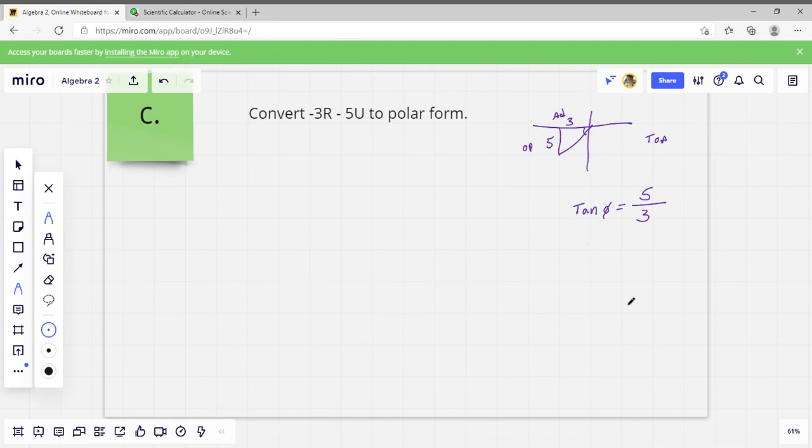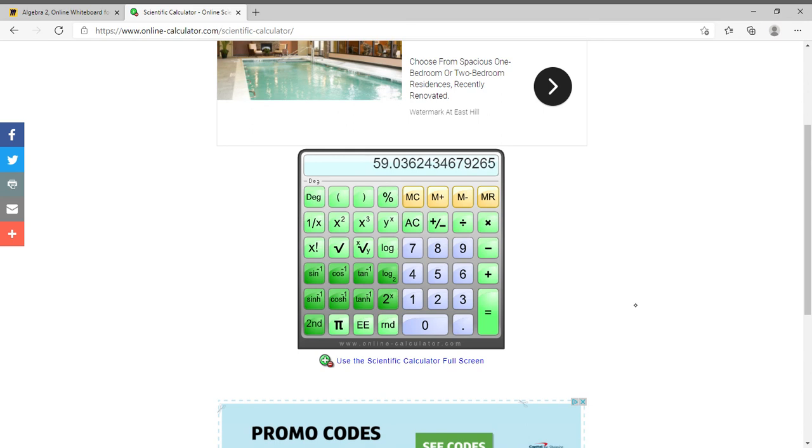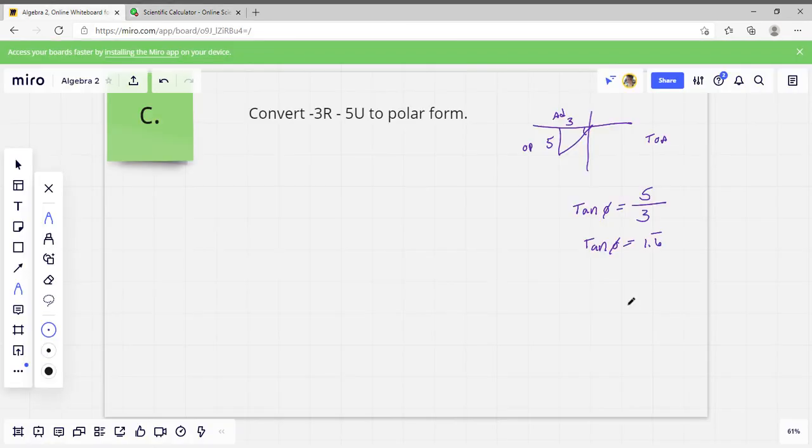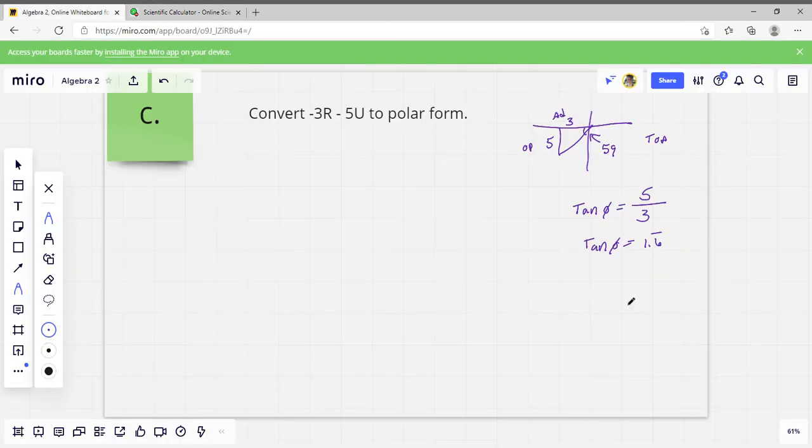Alright, so the tan of angle theta equals 1.67. Then I'm going to need to find the inverse tangent of that, and it's about 59 degrees. Here we go, so 59.04 degrees.